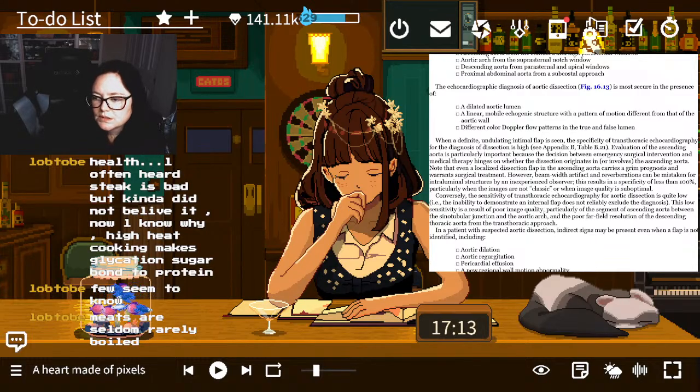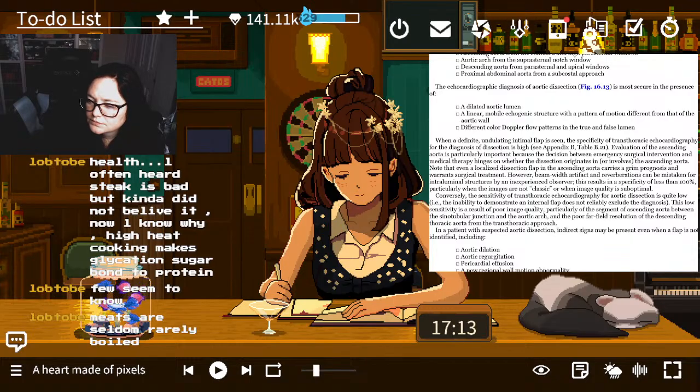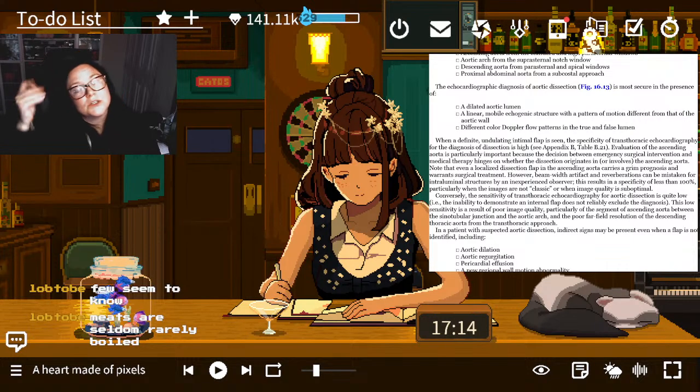Didn't hurt steak is bad, but kind of don't believe it. Now I know why. High heat cooking makes glycation sugar bond to protein. Few seem to know meats are seldom or rarely boiled. Yeah, that's funny. I forget what that term is.